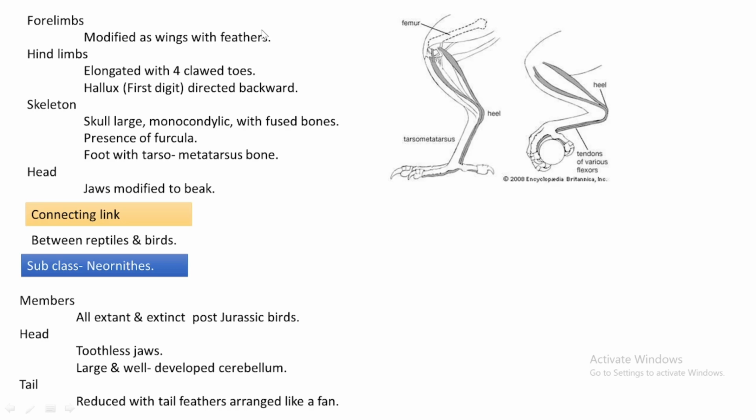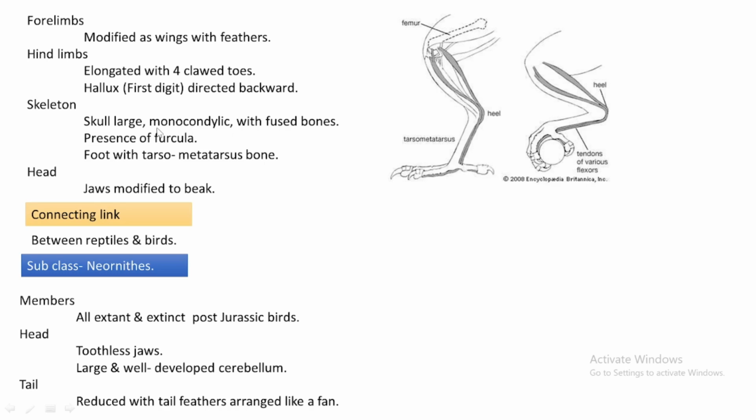That is another character common to birds. Then hind limbs. They are elongated hind limbs with the 4 clawed toes. 4. One more is there here. It's not visible. Then hallux means first digit is directed backwards.